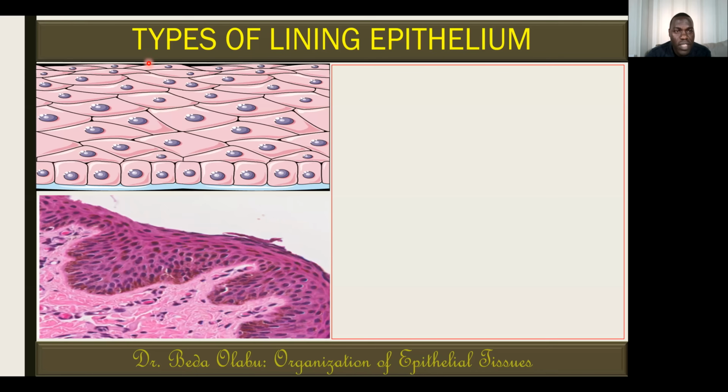This is the apical side, this is the basal side. You look at the cells near the top and look at the shape of those cells. They are flattened. And so the correct classification of this epithelium is stratified squamous epithelium.